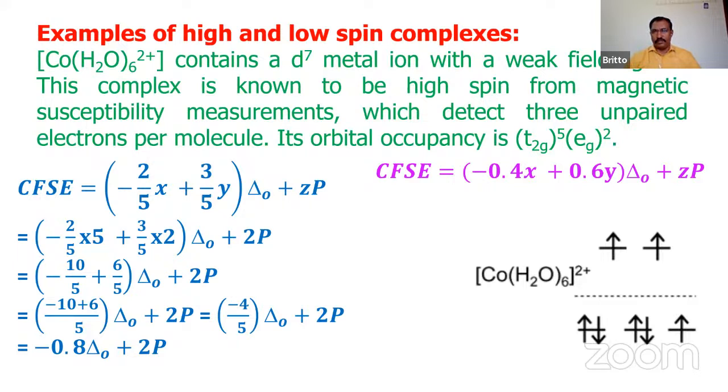These are all strong ligands. So in H2O, oxygen is the donor atom, so it's going to be a weak ligand. Weak ligand means that delta O will be small, and so it's going to form a high spin complex.